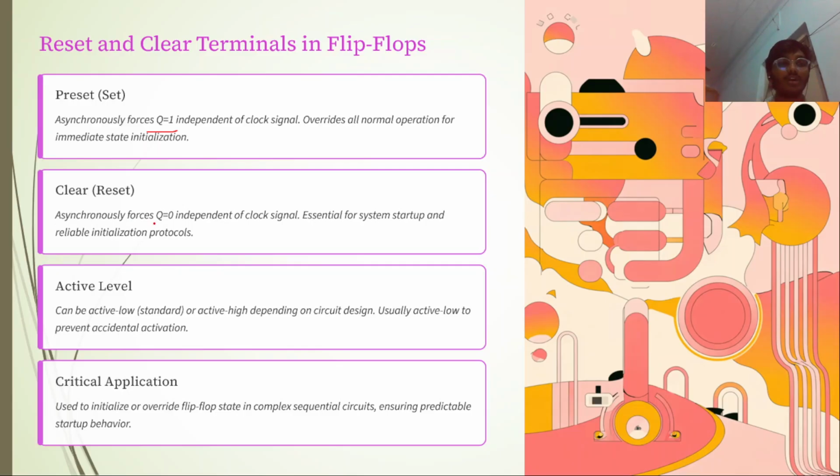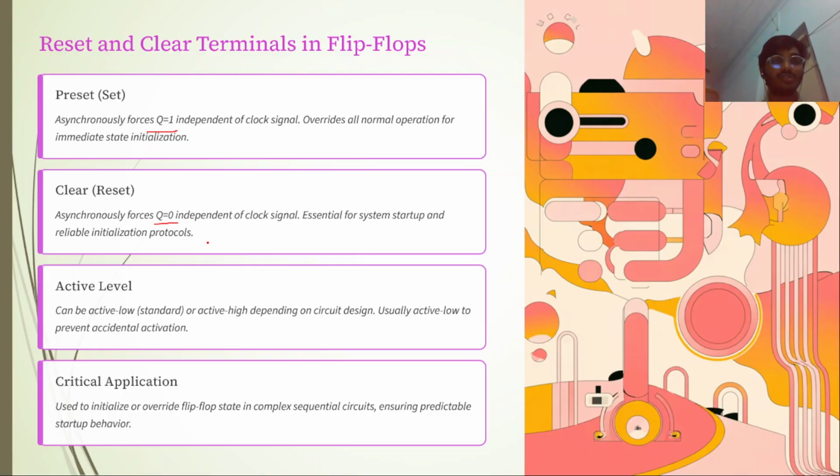asynchronously forces Q equal to 0 independent of the clock cycle, essential for system startup and reliable initial protocols. Clear is used when Q is to be 0 and the flip-flop does not depend on the clock signal.